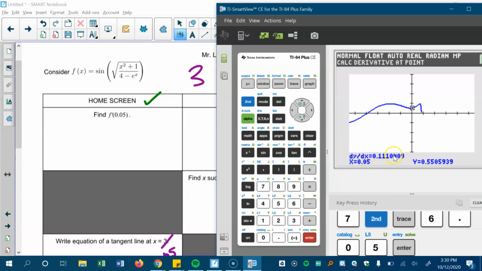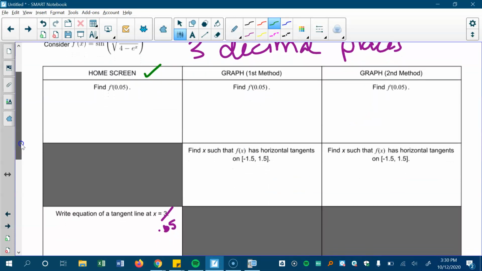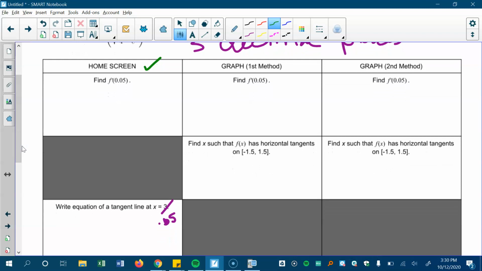Notice I have 0.111 here, and it also nicely gives me the y value. I actually like this a lot, because it gives me not only the derivative value, but also the x and the y value.